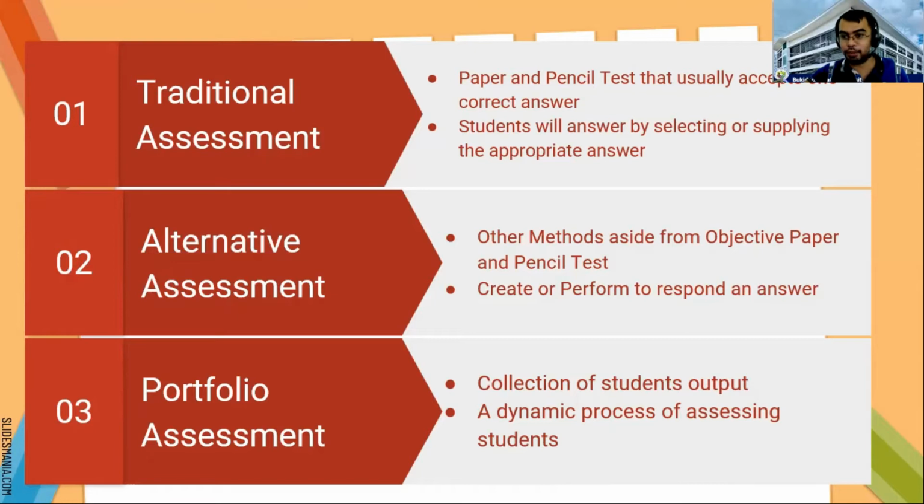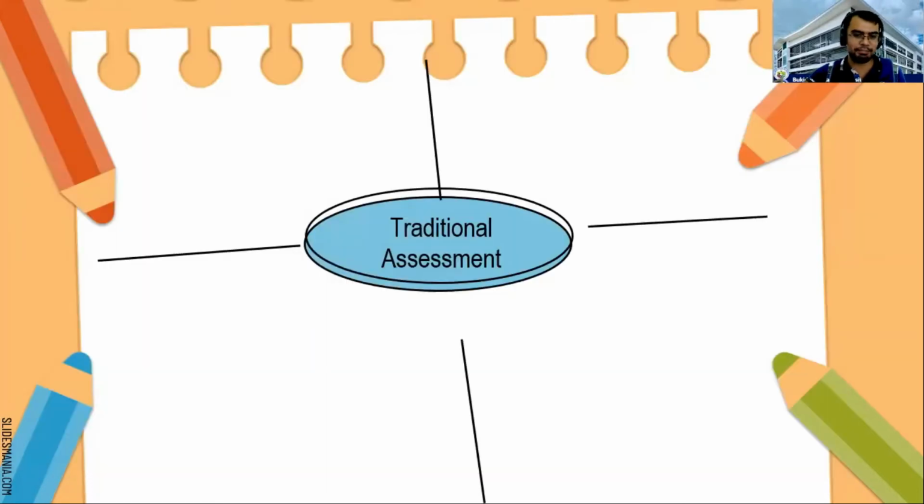And that is portfolio assessment. And this is considered to be a dynamic process of assessing students because students may undergo multiple processes different from each other or unique from each other, but at the end, they will be able to produce an equally good product.